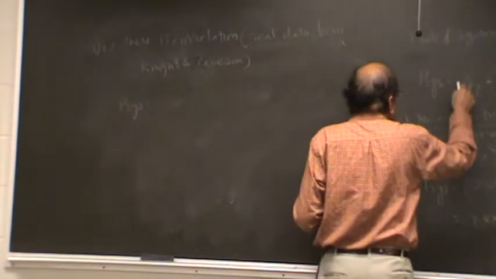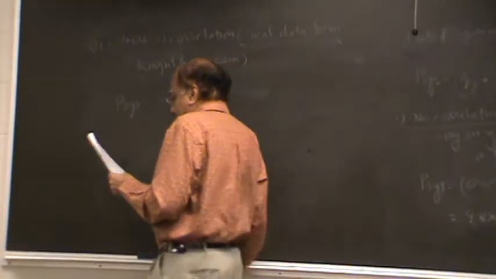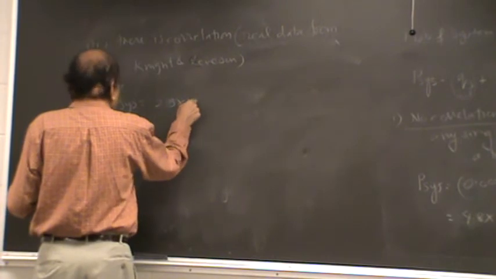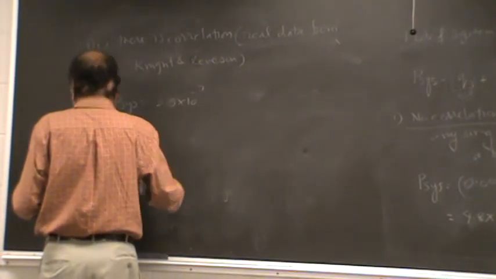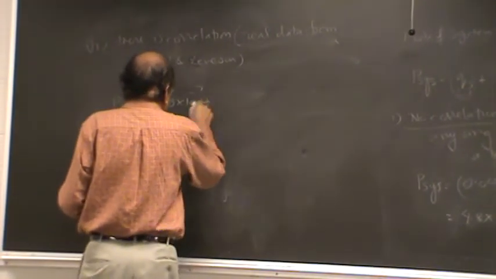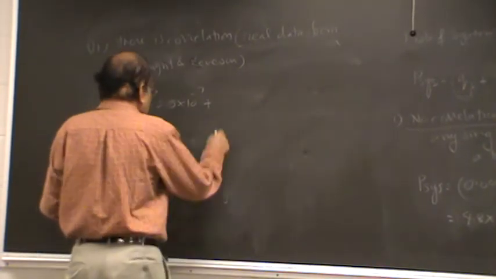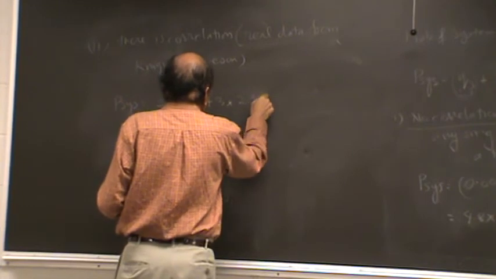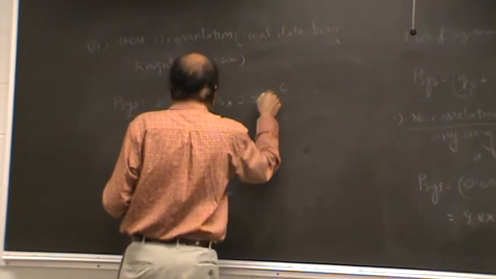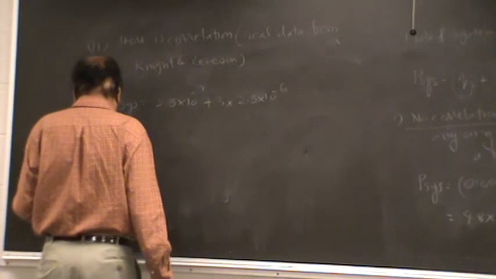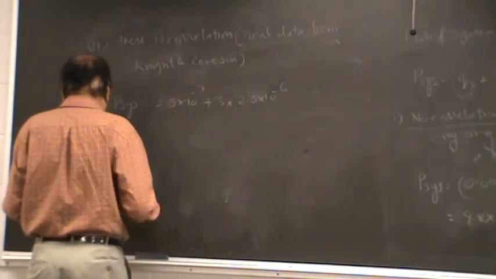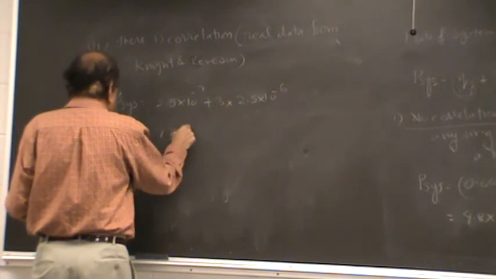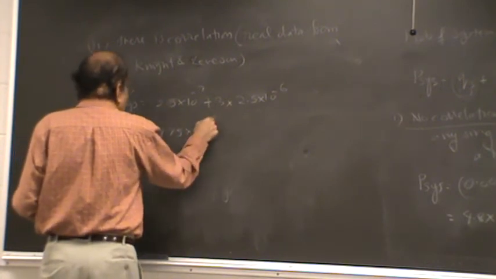According to their experiment, the value of Q3 was 2.5 multiplied by 10 raised to minus 7, and I have rounded the numbers slightly, plus 3 times 2.5 multiplied by 10 raised to minus 6, and that is equal to 7.75 multiplied by 10 raised to minus 6.